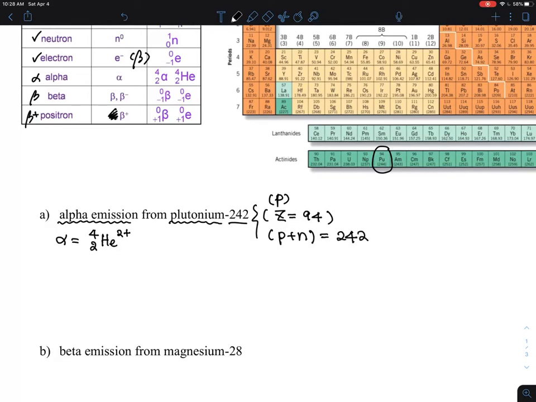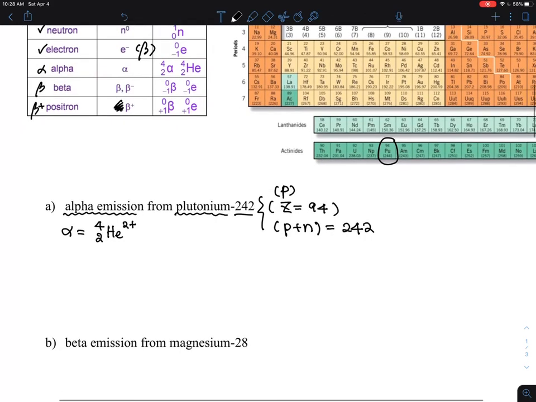Those are the numbers. From this equation, you can easily calculate the number of neutrons if needed, but let's just write the answers. So alpha emission from plutonium. I'm going to write plutonium, which is shown up here, symbol Pu.